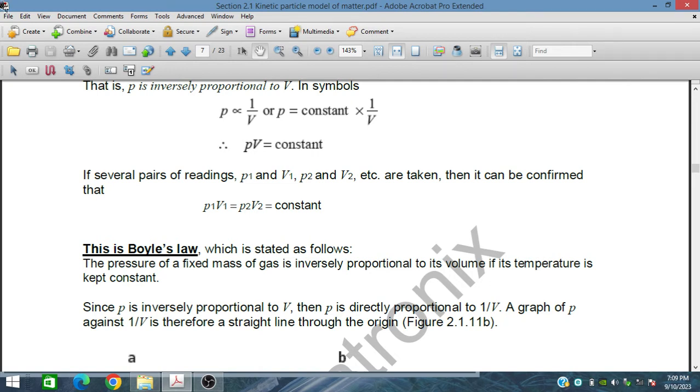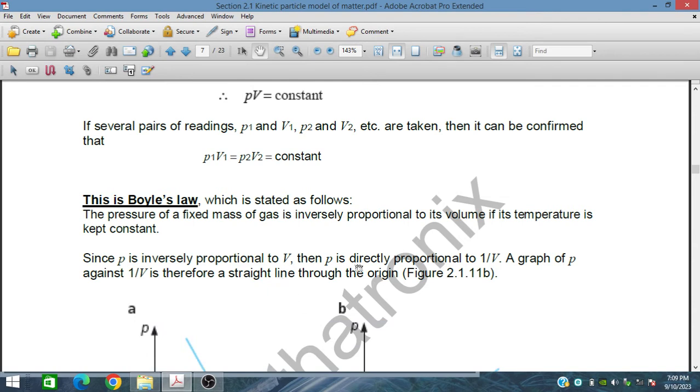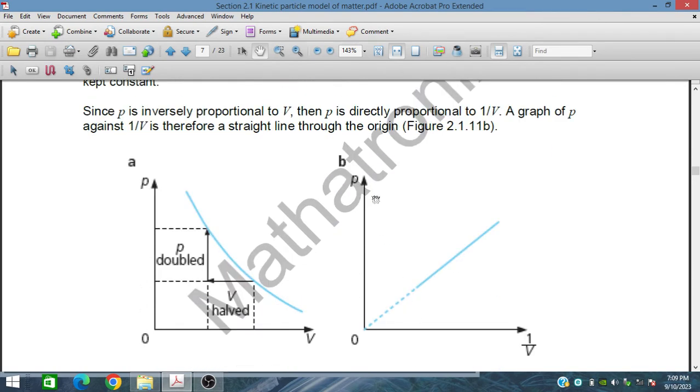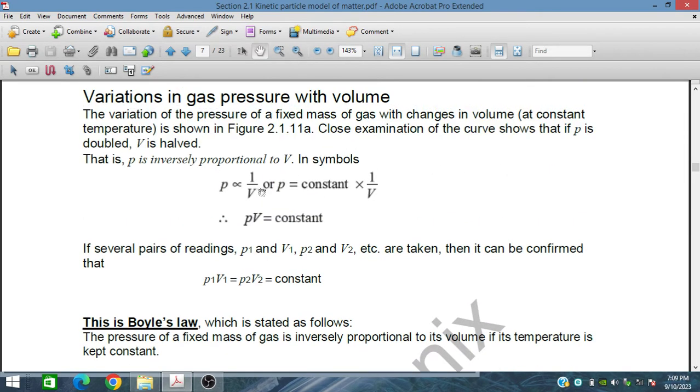Since P is inversely proportional to V, then P is directly proportional to 1 over V. So this is 1 over V. If you plot 1 over V, P and 1 over V are directly proportional.